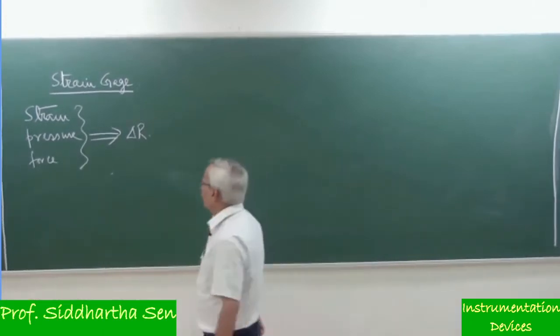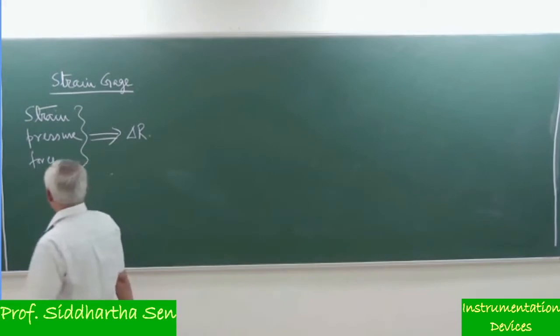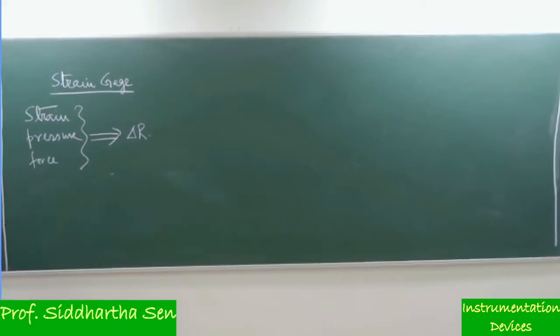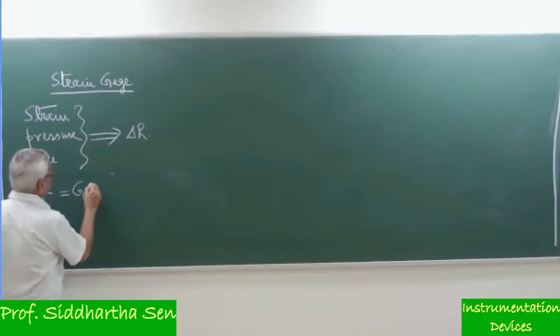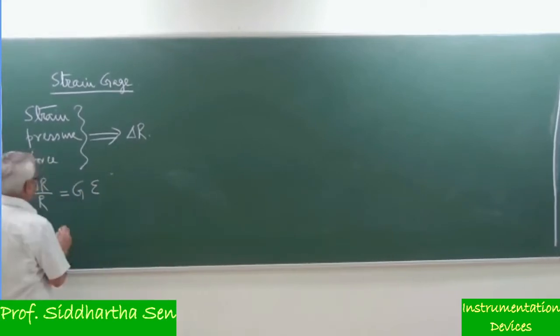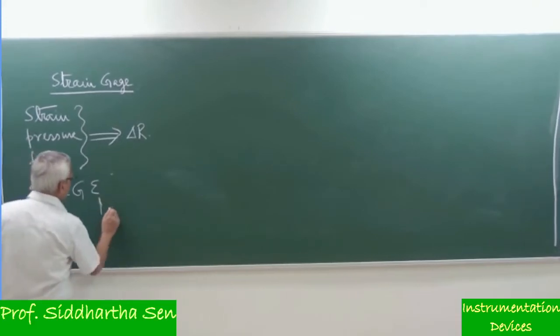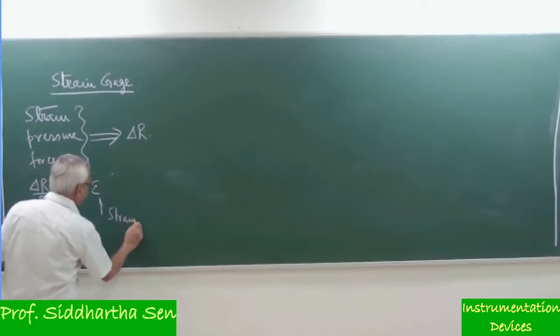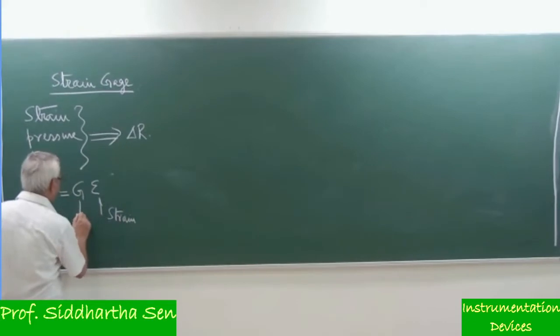The basic relationship, in the linear case, is that delta R by R, the relative change in resistance, is expressed as G into epsilon, where epsilon is the strain and G we call the gauge factor.